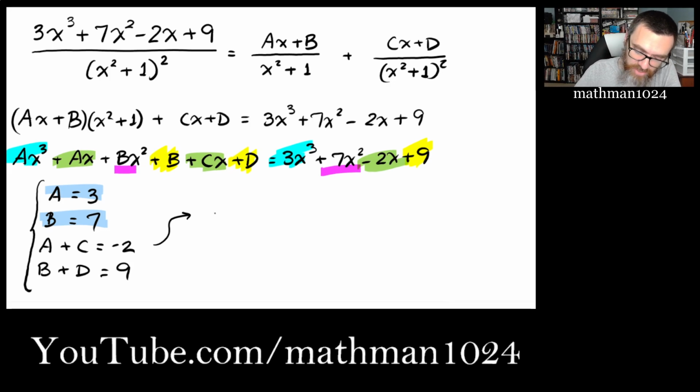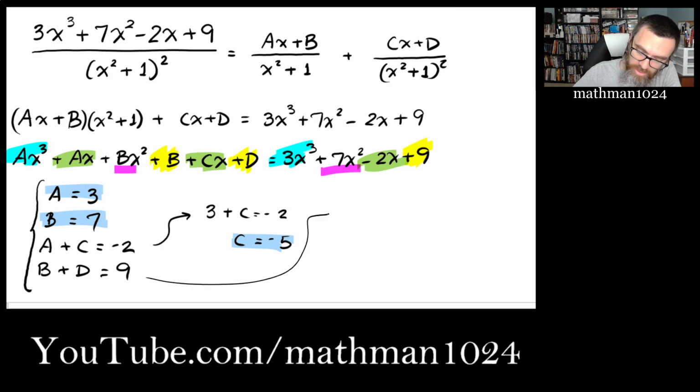So if I take this guy over here, we already know that a is 3, so 3 plus c equals negative 2, c equals negative 5. Done. We just need to find what d is. So here, b plus d is 9, so 7 plus d equals 9, which means d equals 2.